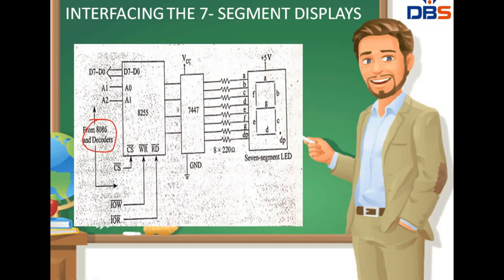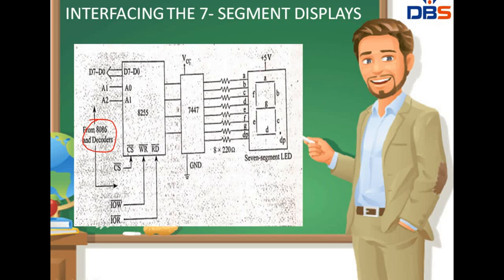So, coming to the types of segments, common anode display. In this type of display, the anodes of all these 7 LED segments are joined together, all connected to a power supply.